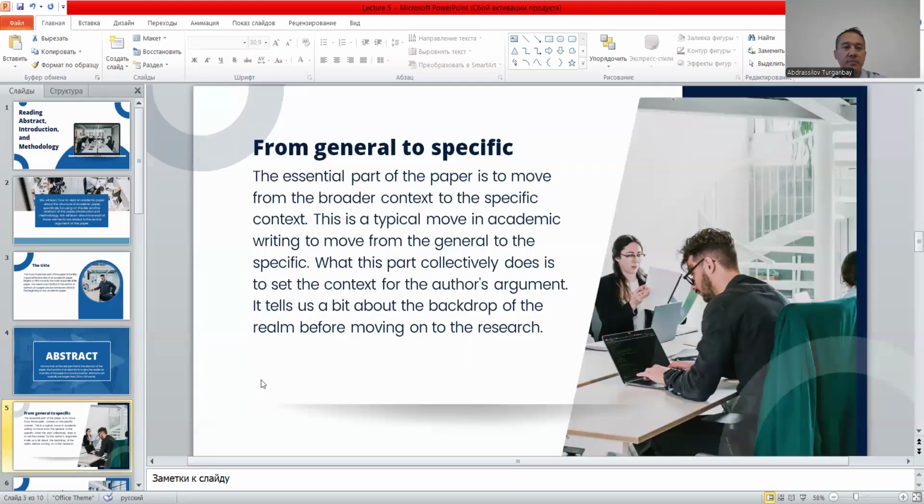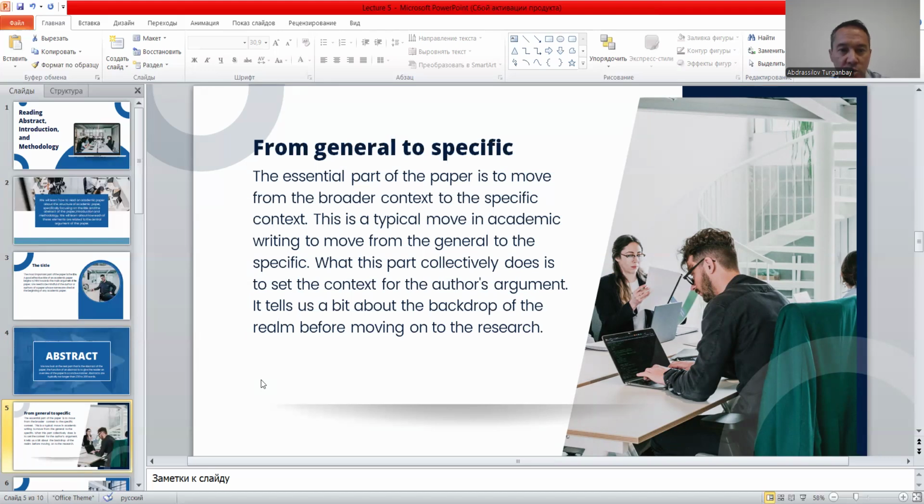Another essential aspect of academic writing, for which we have provided good examples in our previous lectures or seminars, is moving from general to specific. So right now we are going to have another angle. An essential part of the paper is to move from the broader context to the specific context. This is a typical move in academic writing.